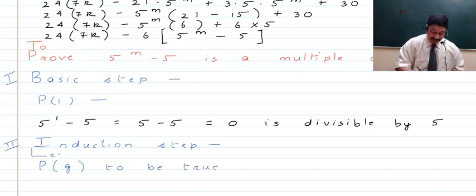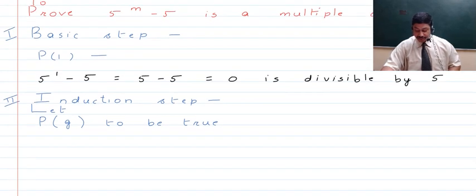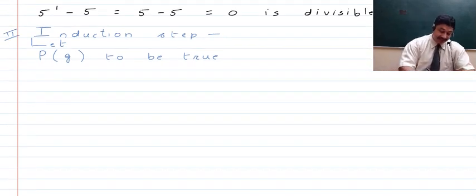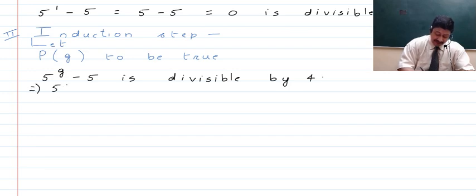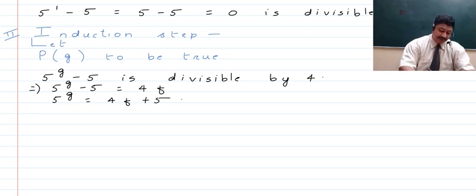If p of g is true, then we can write that 5 raised to the power g minus 5 is divisible by 4, and if it is divisible by 4, then this implies that 5 raised to the power g minus 5 will be equal to 4 times some f. As such, 5 raised to the power g will be equal to 4f plus 5. Now guys, in the third step, you're going to use this so that we can prove p of g plus 1.